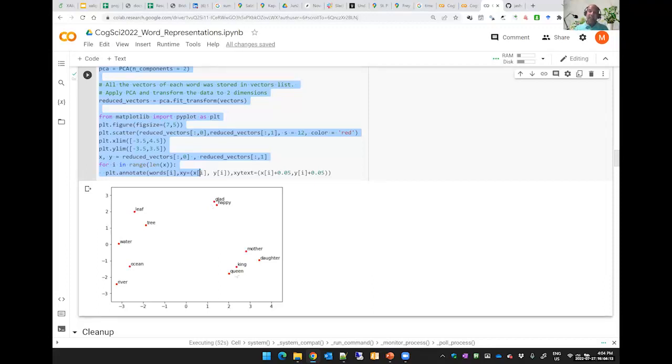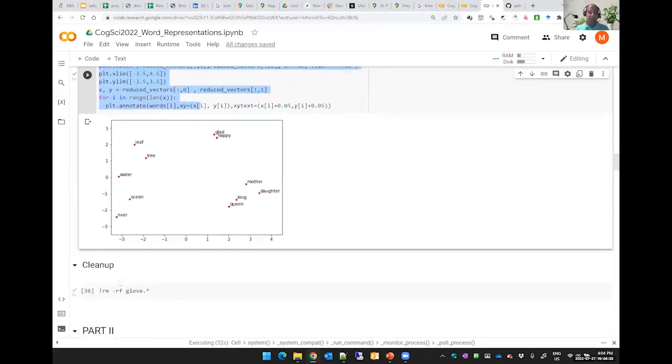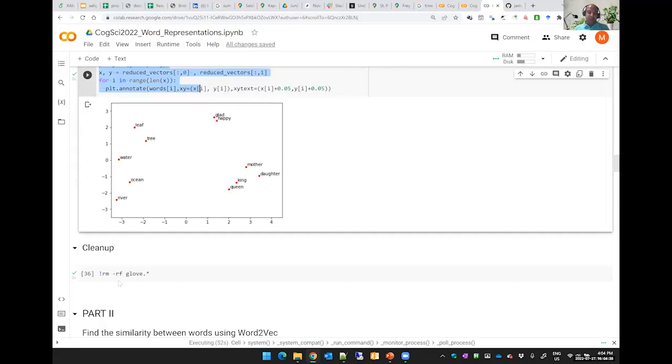Similarly, king and queen are similar, mother and daughter are similar, leaf and tree are similar, water, ocean, river are similar. So those are groups. This visualization is not the exact representation because the exact thing is 50-dimensional, but we are reducing the dimensionality to just 2 to visualize them nicely. So that's about the GloVe part.